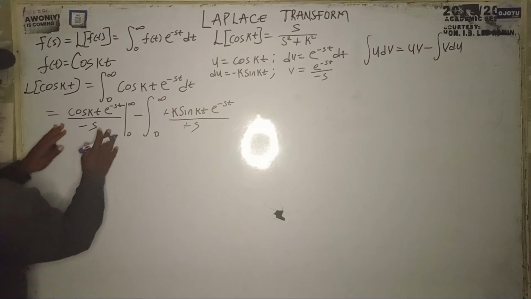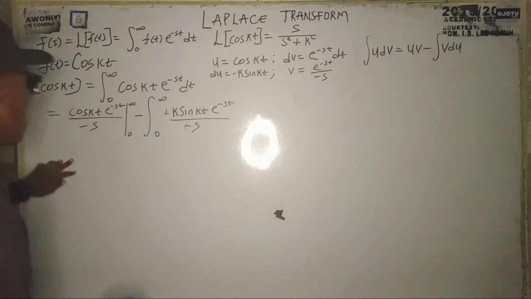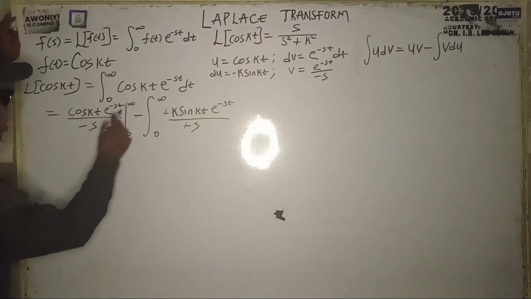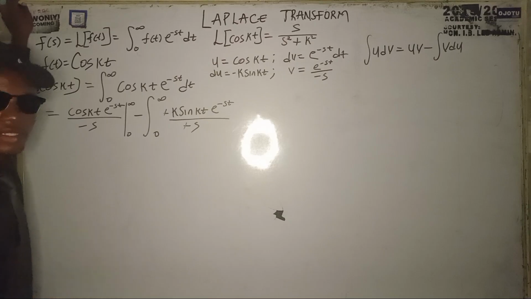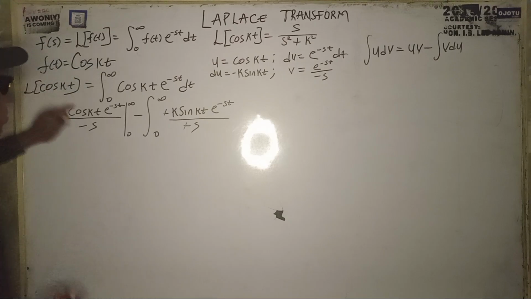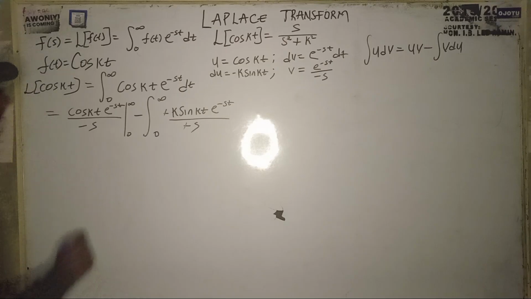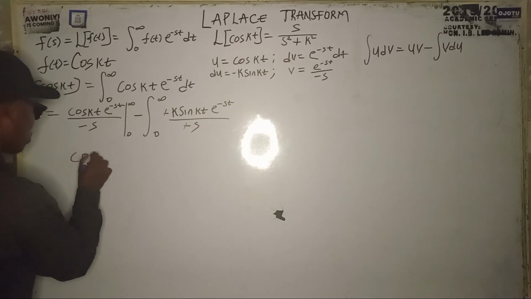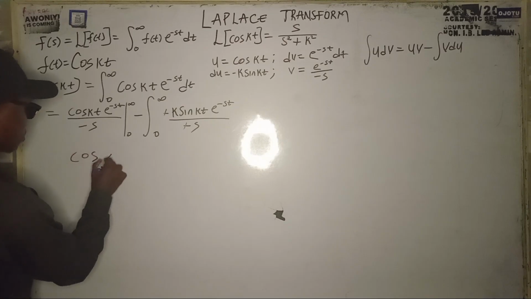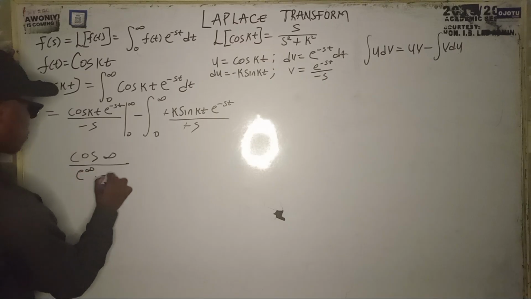First of all, let's focus on cos kt times e raised to the power minus st. When we put infinity, we have minus here. As I've been saying before in my former videos, when we have something raised to the power minus, it's going to come down and the minus is gone. So we will have cos infinity over e raised to the power infinity times minus s.